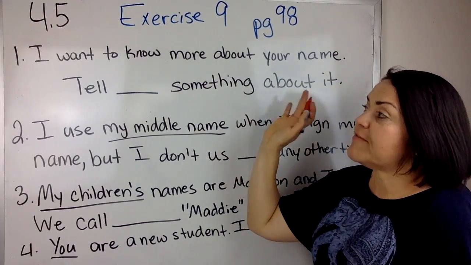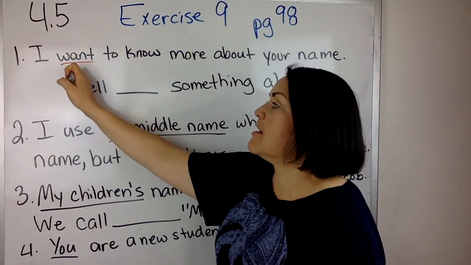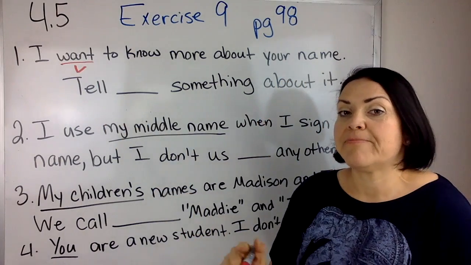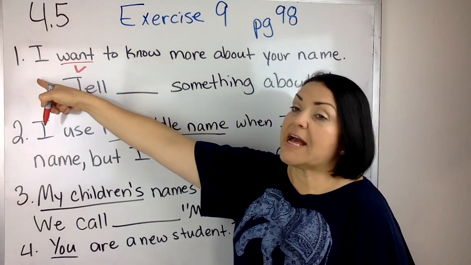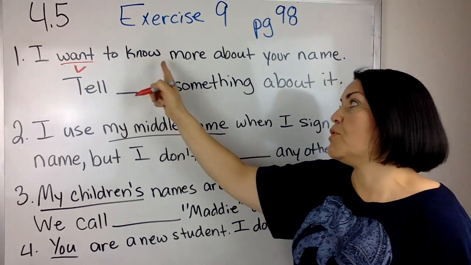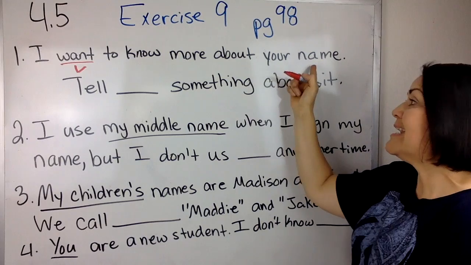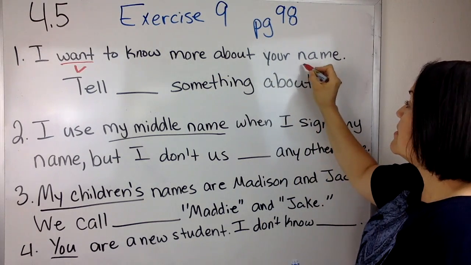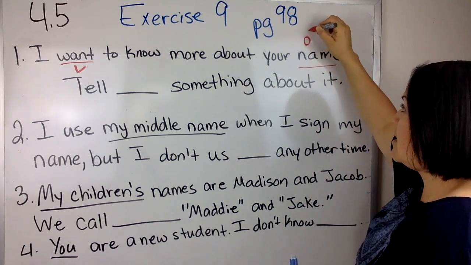Where is the verb in the first sentence? Here. I'm going to put a V. That's the verb. So the subject pronoun is I. I want to know more about your name. Remember, this is actually the object.